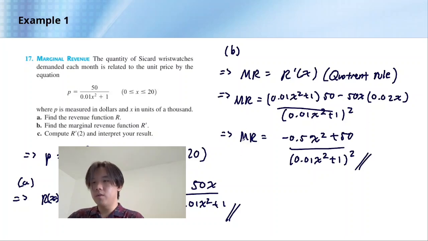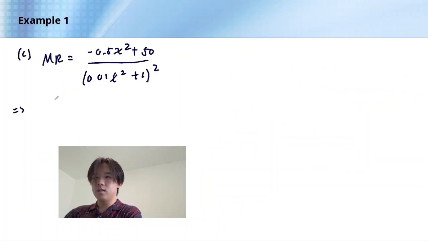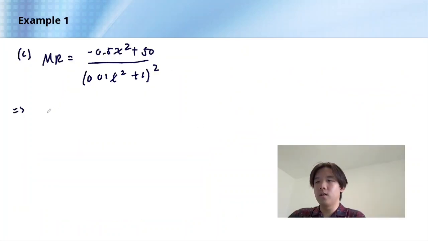Next is to compute the marginal revenue with the input value of 2, which is 2 units in 2000, and interpret the result. So let's write it here. To calculate this, let's write down R'(2), the differentiation of R(x) with the value of 2, which is basically the marginal revenue.